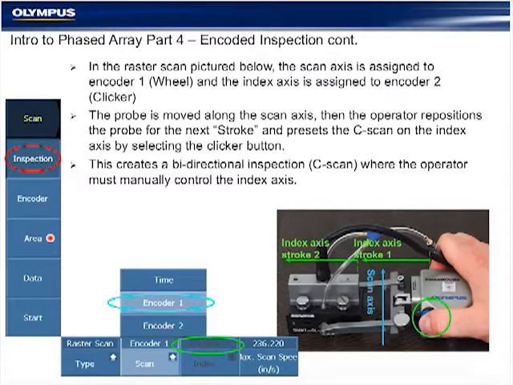Things are not backwards or upside down. No matter what you're doing, if you understand the basic concepts of laying out the C-scan and configuring your probe and encoder to acquire the data, that inspection should represent what's intended.